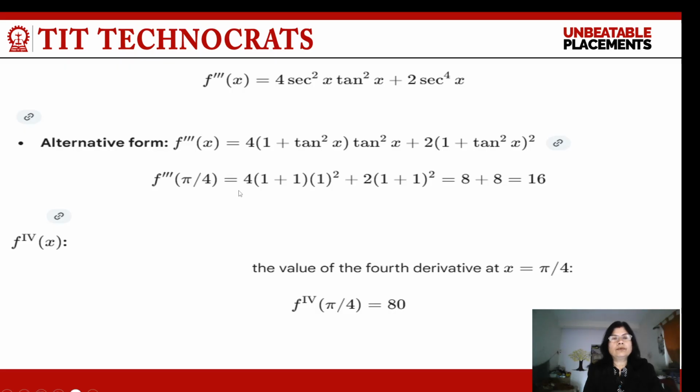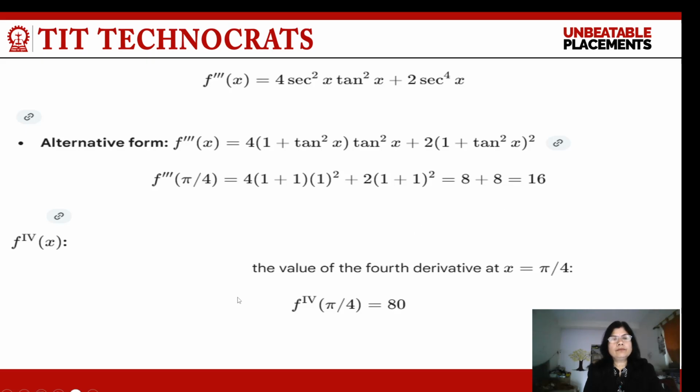Put the value of x = pi/4, so that f'''(pi/4) is equal to 4 (1 + 1), because tan(pi/4) is 1, again tan(pi/4) is 1, plus 2 (1 + tan^2(pi/4)), that is 1. After solving we get 8 + 8, that is 16.